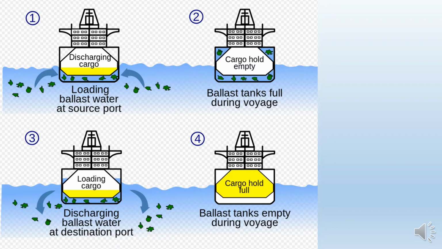So as the cargo is discharged, there are some tanks in the hull area of the ship, on the bottom side, and there are certain openings through which the seawater is admitted inside the ship. Certain reserved portions of the hull are dedicated for this ballast water.